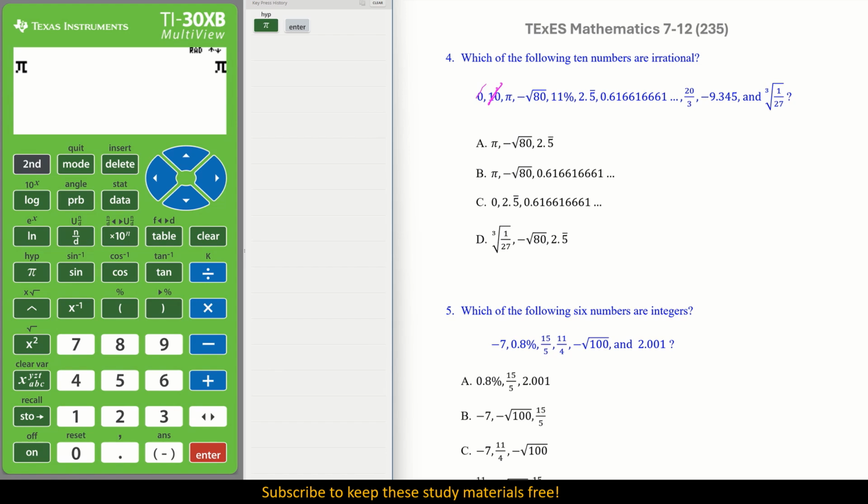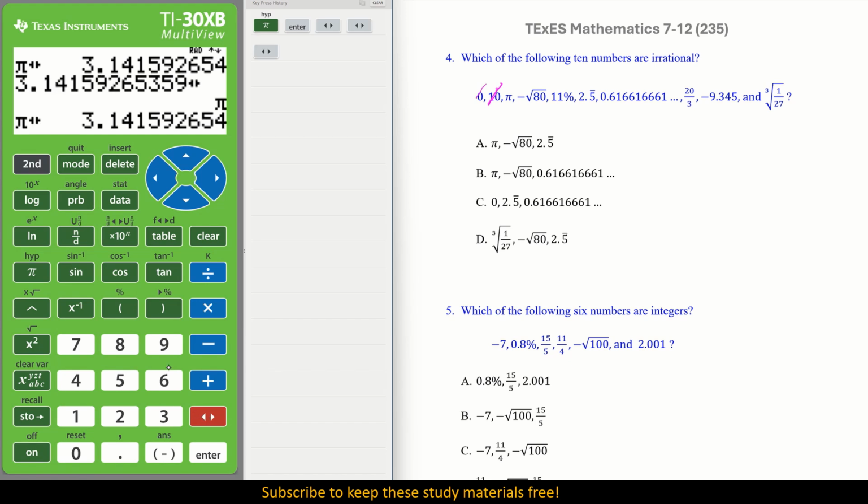We're going to evaluate it by entering it in. Now the calculator has it, and it's sitting waiting for us to do something. We have these little toggle buttons above the enter. Push that and it will automatically give us a decimal. That's how we go back and forth, okay? Let's take a look at this decimal.